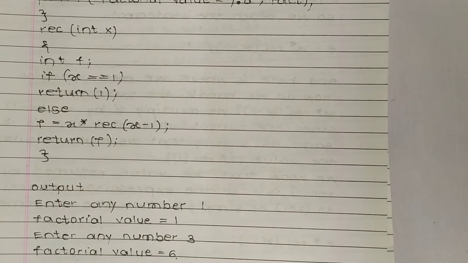Now rec, int x. Now int f, so f is another integer we are defining. Now if x is equal to 1, that is, the double equal to operator is used for comparing x with 1, then return 1, that means return to the previous value.